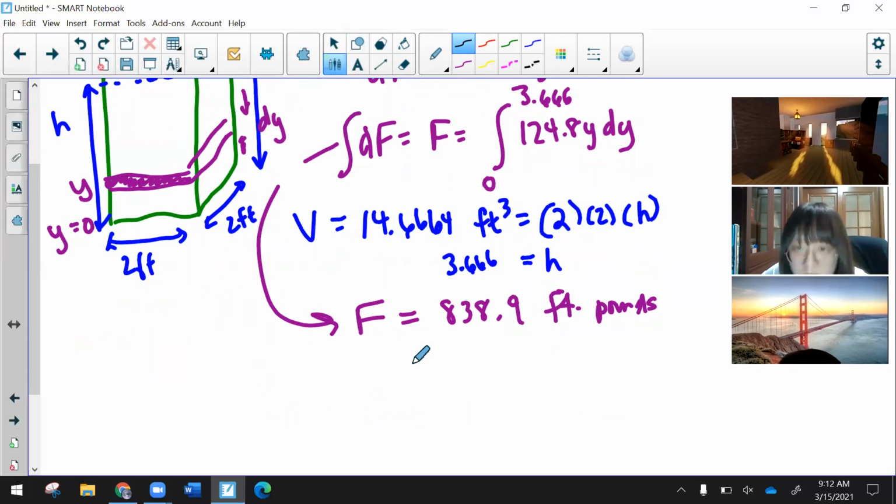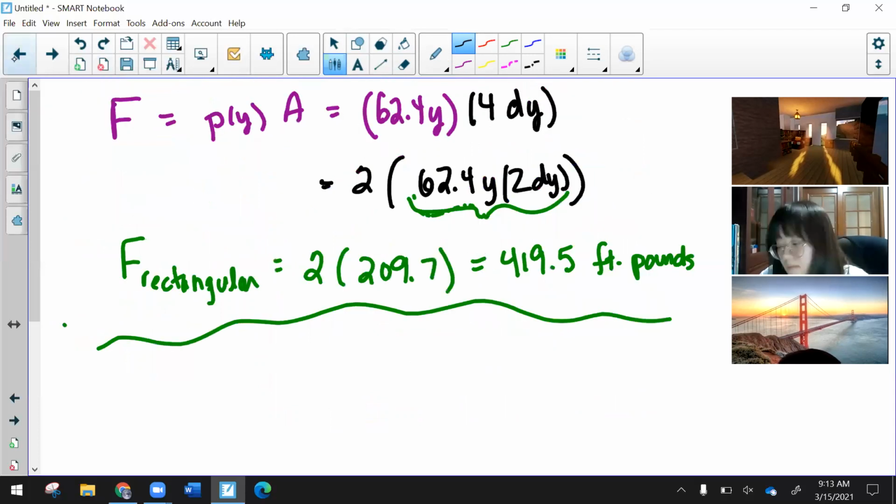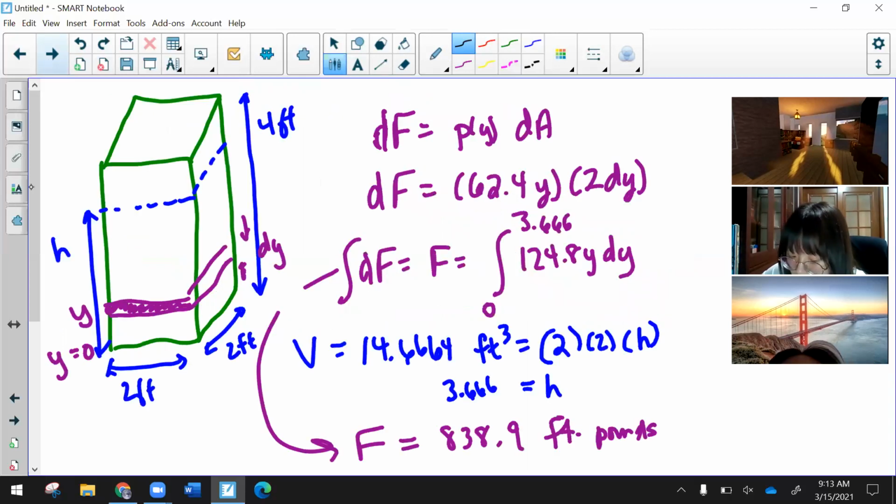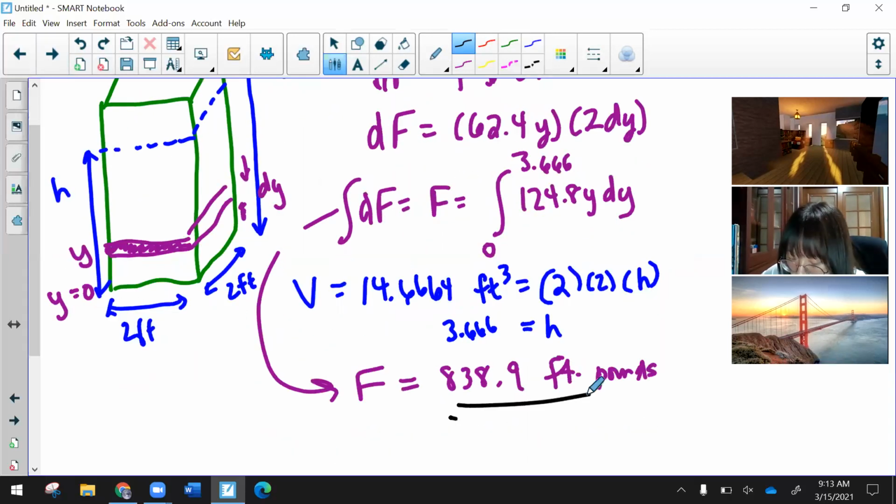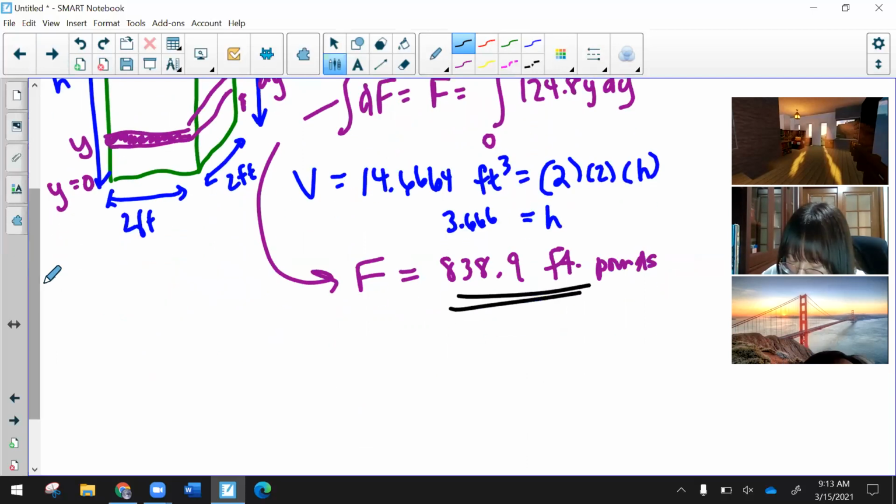Approximately 4 times bigger. I thought this was our answer. Because remember, it's on the rectangular side. Oh, yes. So that's what we're comparing this to. So what is it? Right, it's going to be twice as big.